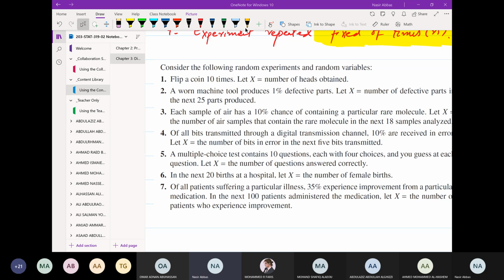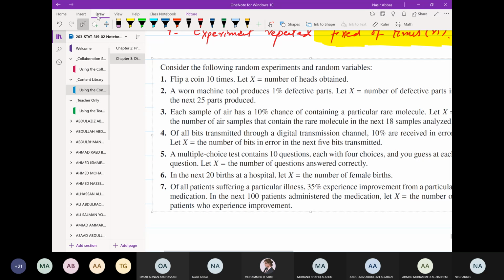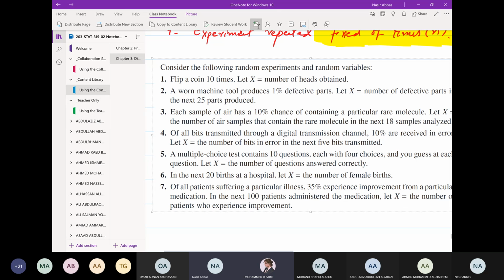Here, home, insert, draw, view, class notebook, picture.